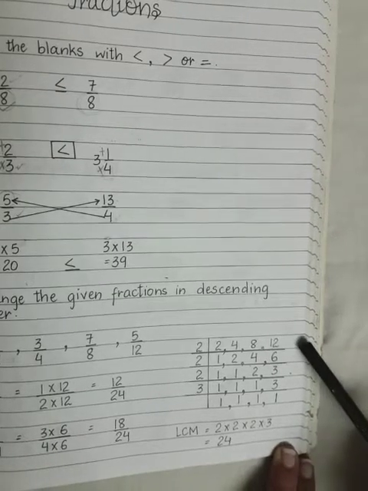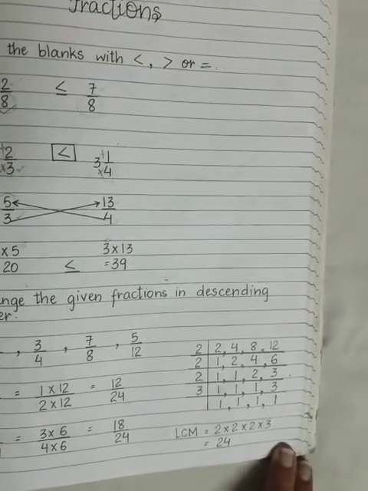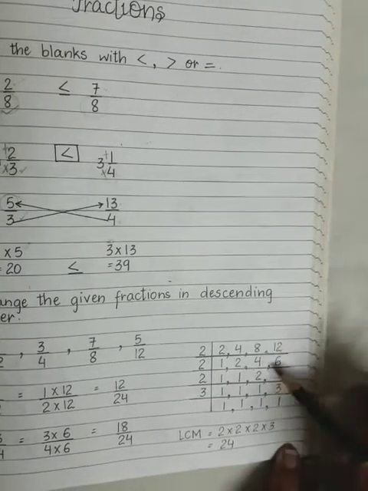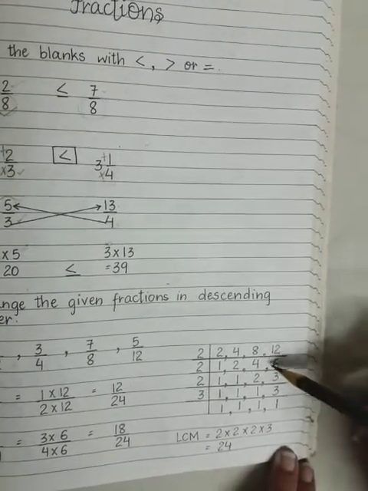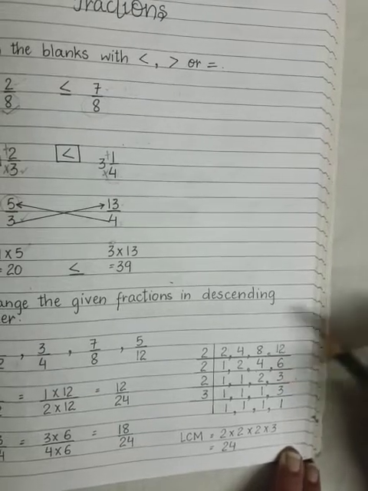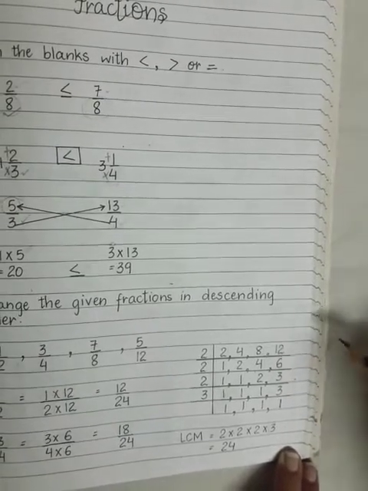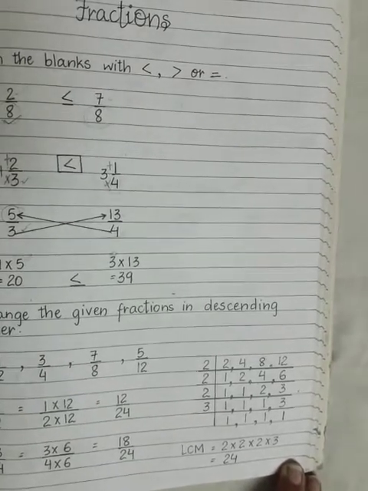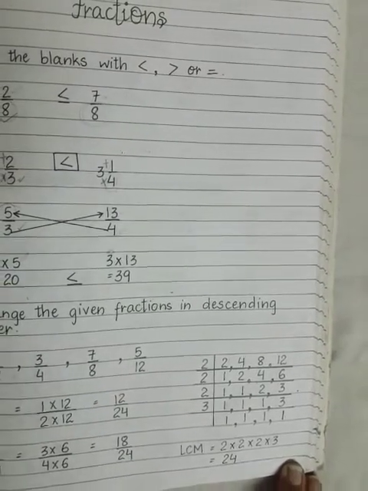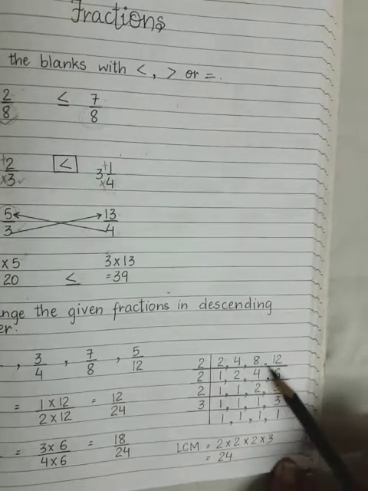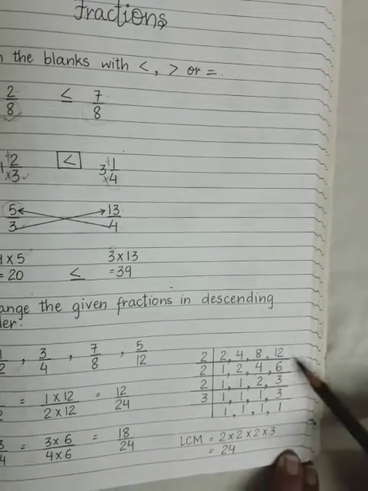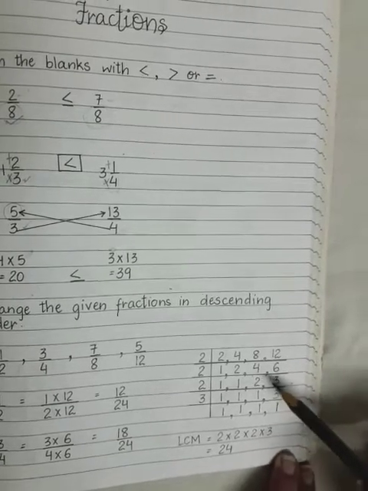And now see, children, this is the common division method for finding the LCM. Here we would be finding the prime factors of all the numbers together. Now, the first step, divide the numbers by the smallest prime number which divides all the numbers or at least one of the numbers.